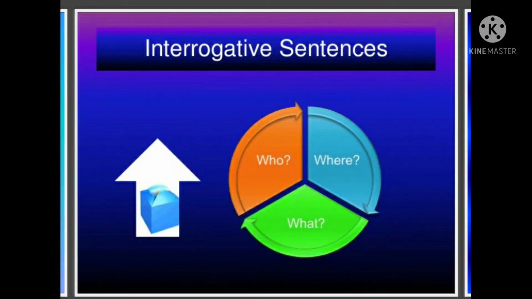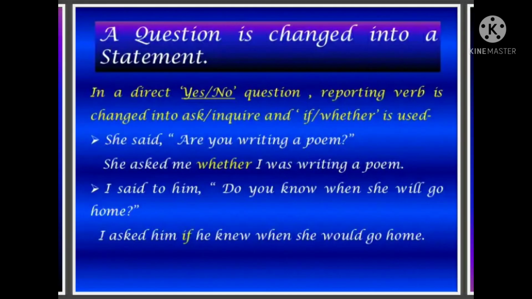Next, let us see interrogative sentences. Interrogative means what, children? Who, where, what? Asking questions, no? How changes take place from direct to indirect speech. A question is changed into a statement. So in a direct yes or no question, the reporting verb is changed into ask or enquire, and if or whether is used.